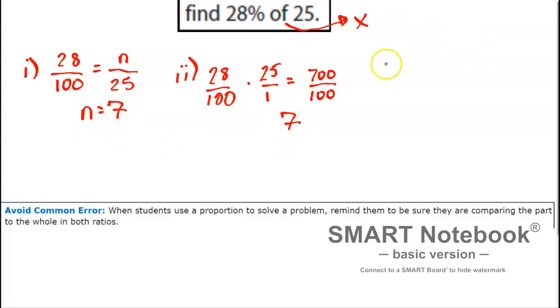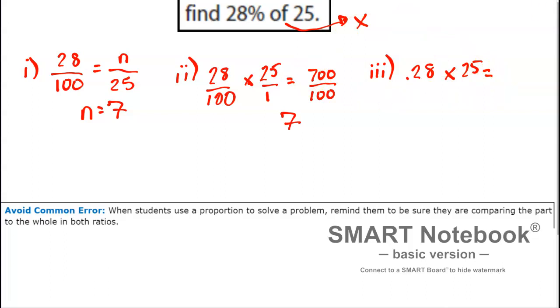And the last option here, or the third approach, okay, is to say, hey, we can turn this into a decimal, okay? And we can multiply. I'm using the dot. I don't know how you guys learned it in the 5th grade, so I'll turn it into a little x for multiply times 25, okay?